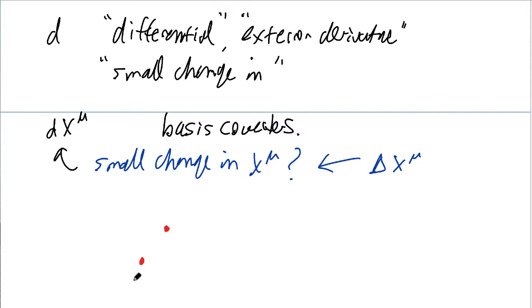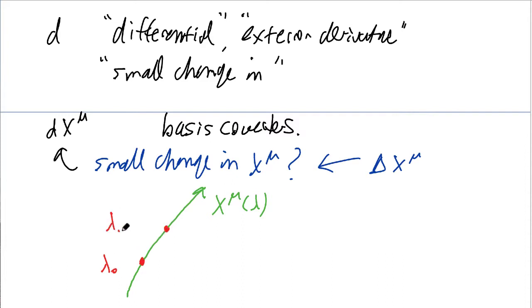And now we can draw a curve that passes through those points. Let's let that curve be parameterized by some parameter lambda. So this is the curve x mu of lambda, and it passes through our 2 points. We'll let this point have parameter value lambda 0, and this point, since it's nearby, have a parameter value that's close to lambda 0.